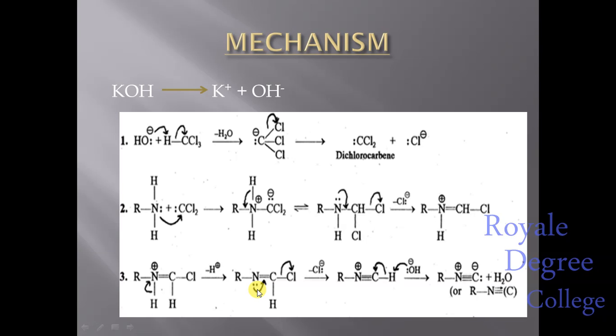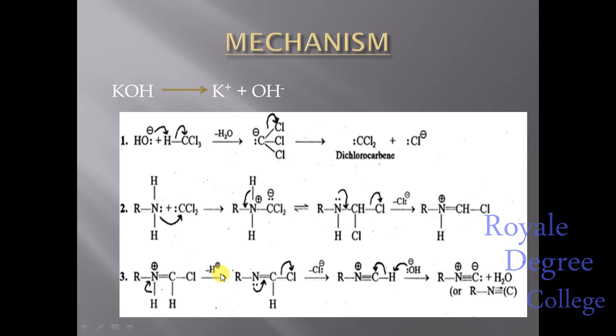So what will happen in the next step? R single bond N with the electron pair, then a double bond is created here, then single bond C, single bond H, single bond Cl, and the electron deficient hydrogen we are already representing on the arrow, minus H plus, is coming out.